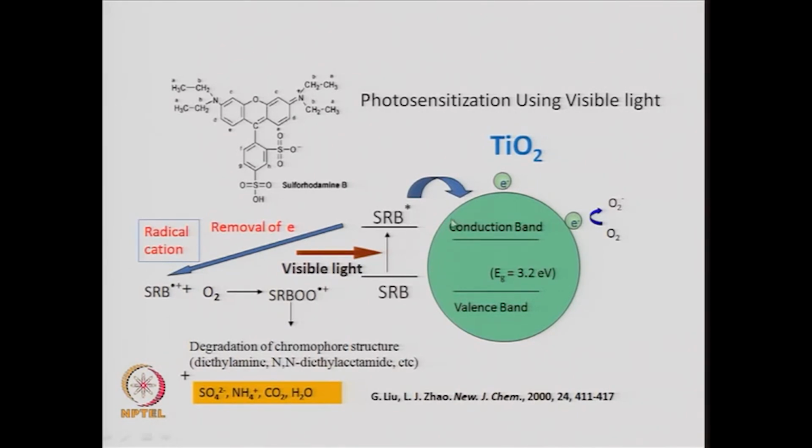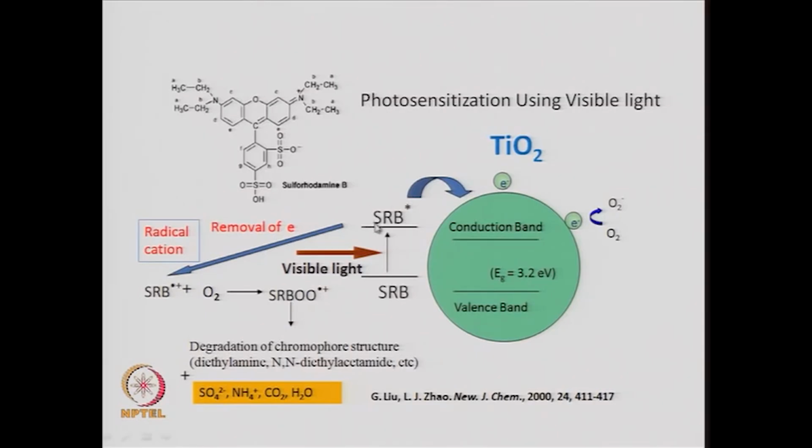So, the dye is doped onto the TiO2. This electron is transferred to the conduction band, and then that electron can be further used for reduction. So, it is then acting as a catalyst, because it will do this reduction reaction, and if some molecule is there which can pick up an electron, then that will get reduced.